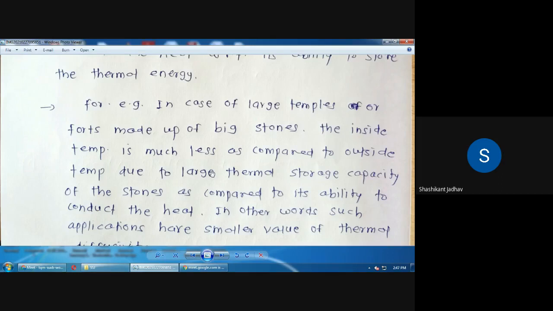Okay, due to large thermal storage capacity of these stones as compared to its ability to conduct the heat, full stop.